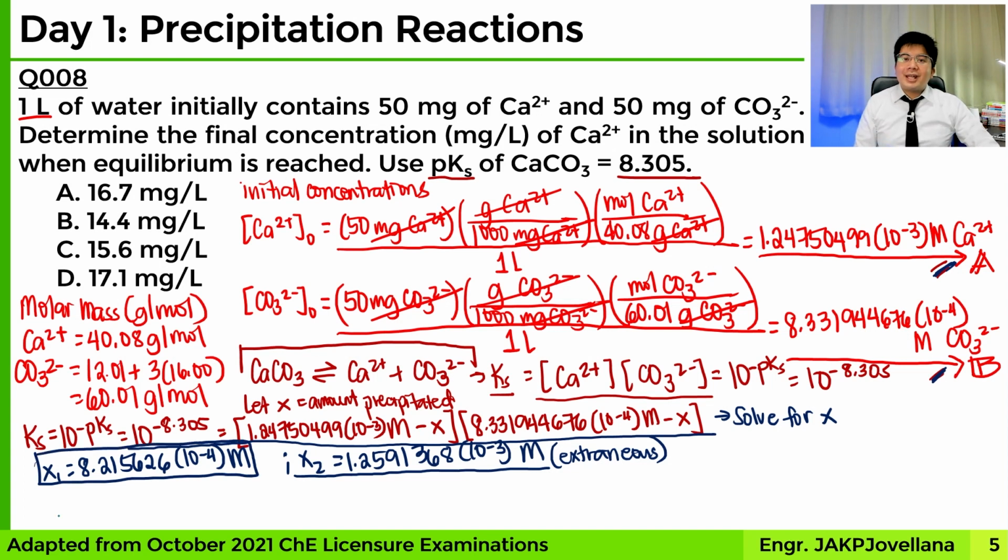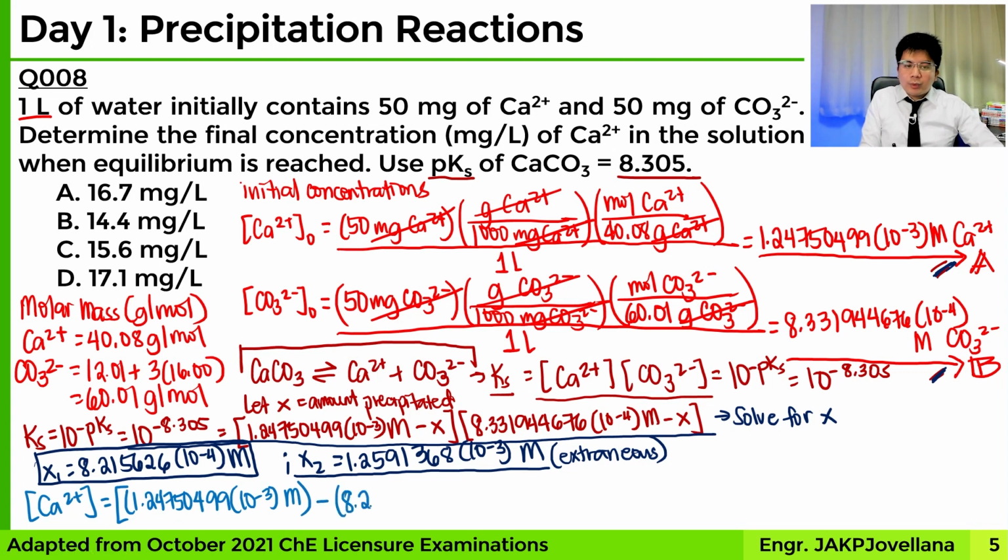So finally, we can calculate the final or equilibrium concentration of Ca2+. So the concentration of Ca2+ is given by its initial concentration, 1.2475 molars, minus the amount that precipitated, 8.215626 times 10 to the minus 4 molars, and then express this in milligrams per liter.